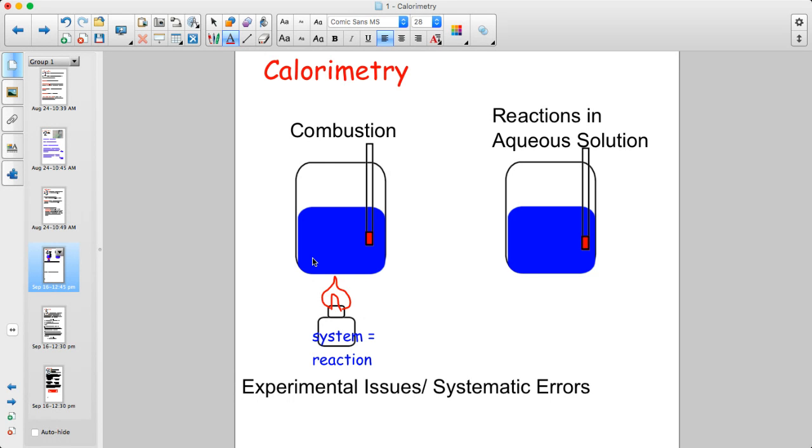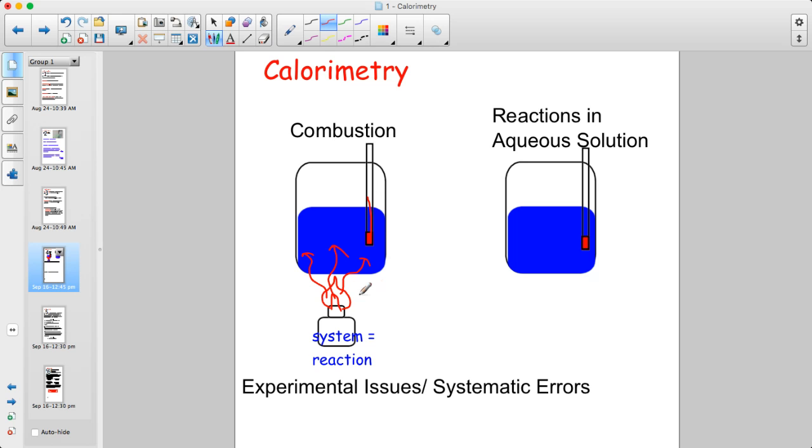The way that we're going to measure how much heat is being released is that we're going to essentially try to surround this reaction with water. So we're going to make the immediate surroundings for the reaction the water. So as heat is being released from the reaction, this combustion, that's what fire is, combustion, it's a chemical reaction releasing heat energy. That heat energy is going to go into the water, and then we're going to be able to figure out how much energy has gone into the water because we're going to see the temperature rise on our thermometer.